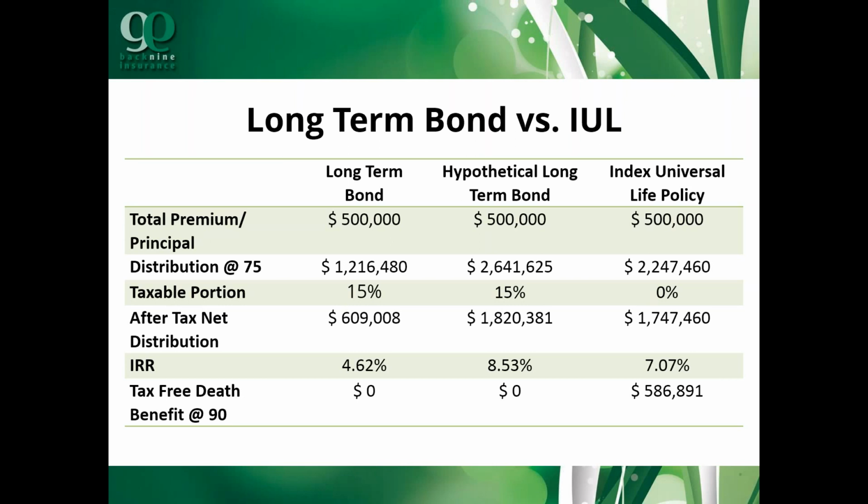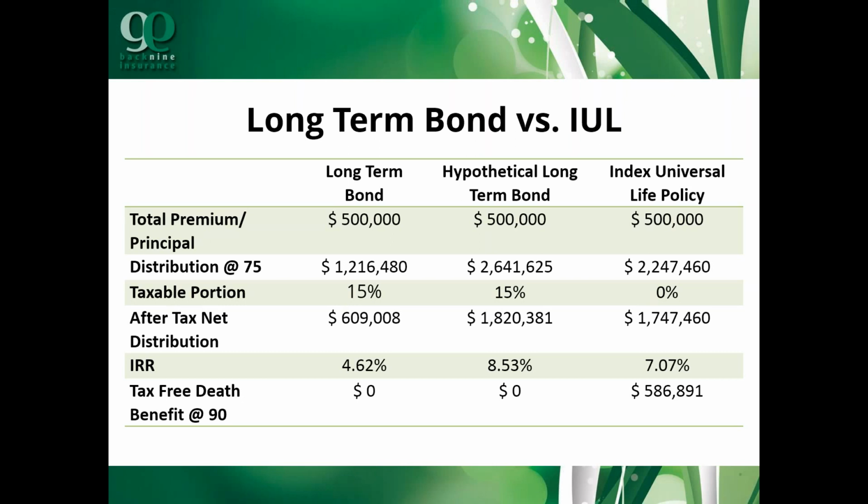Now, if we're talking about an IUL strategy here, we're going to talk about the same $500,000, the same 20-year time horizon, but I've chosen a relatively conservative internal rate of return. Now, like I said in the prior slide, with an annual point-to-point allocation and a 20-year time horizon, you can expect an 8.5% return.